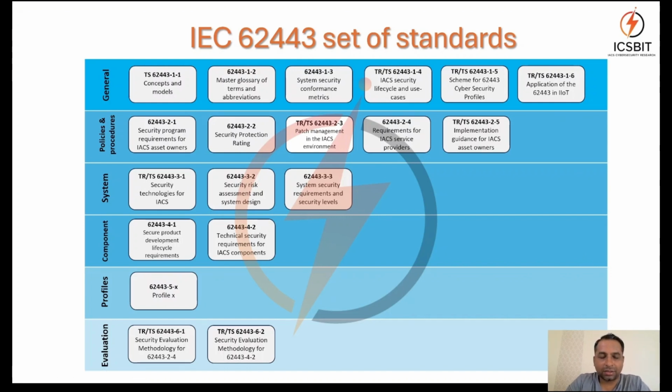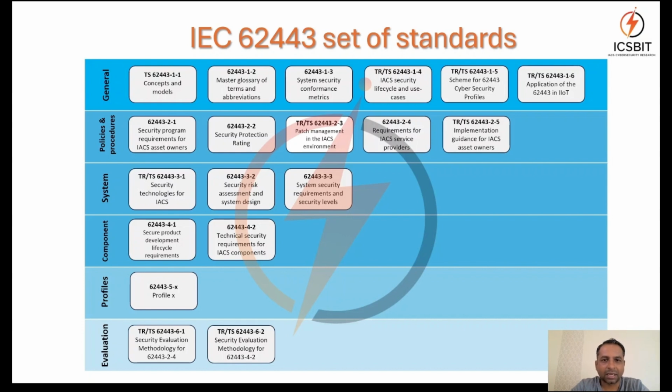So here is the IEC 62443 set of standards, and you can see the number of standards is just increasing, which means a lot of effort is going on in making these standards cover larger aspects of industrial automation, and also the inclusion of new technologies which are making their way into industrial automation, like industrial Internet of Things, or even AI, which is under discussion at ISA committees.